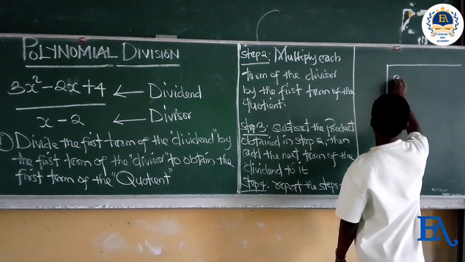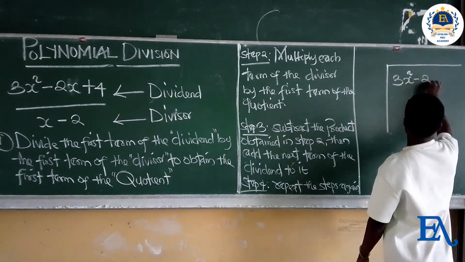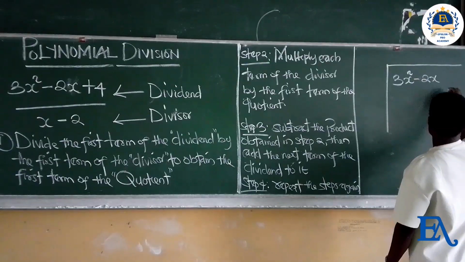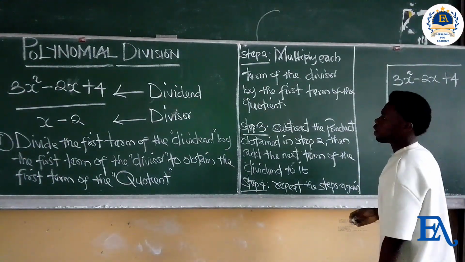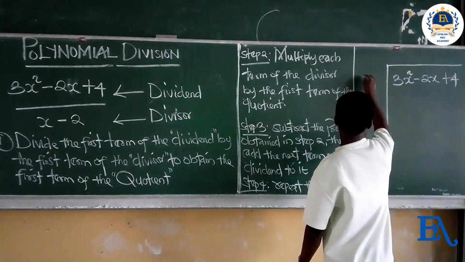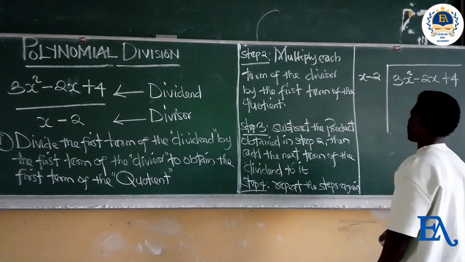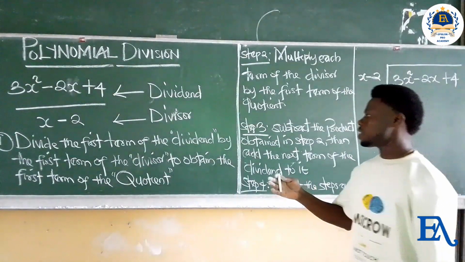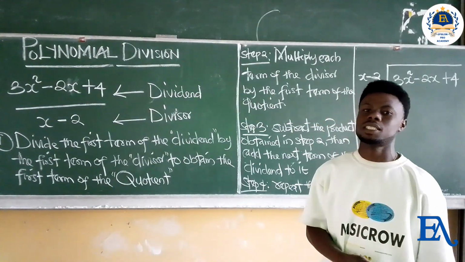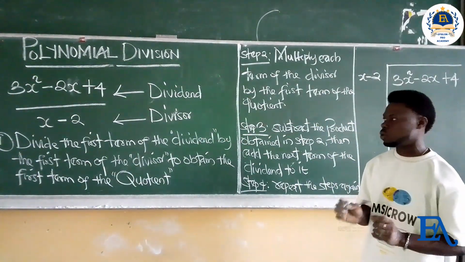The dividend is 3x squared minus 2x plus 4. That is the dividend. And the divisor is x minus 2. So from the first step, divide the first term of dividend by the first term of the divisor to obtain the first term of the quotient.